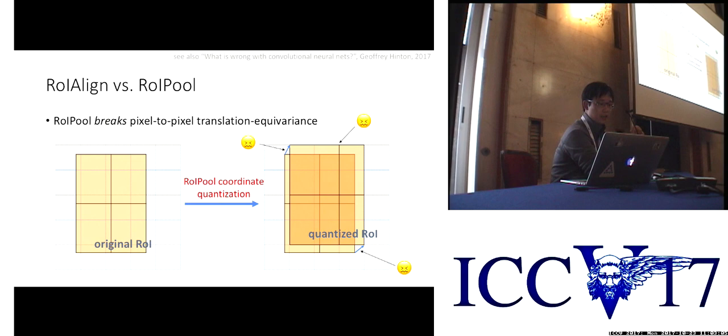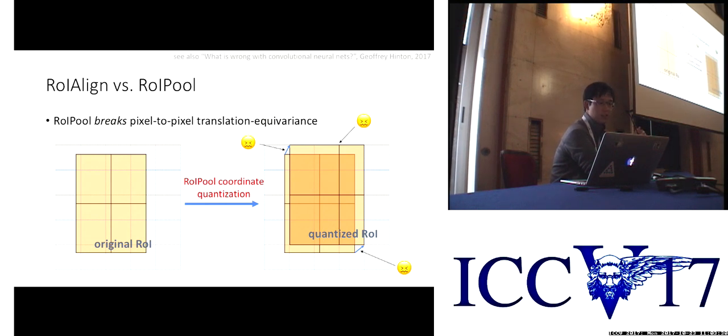So this is a conceptual comparison between ROI align and ROI pool. ROI pool actually breaks the pixel-to-pixel translation equivariance, even though it can be just a very small bit, but it depends on how big the stride is in the feature map. It can significantly impact the result.